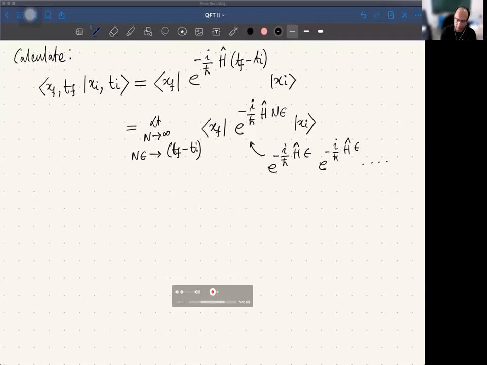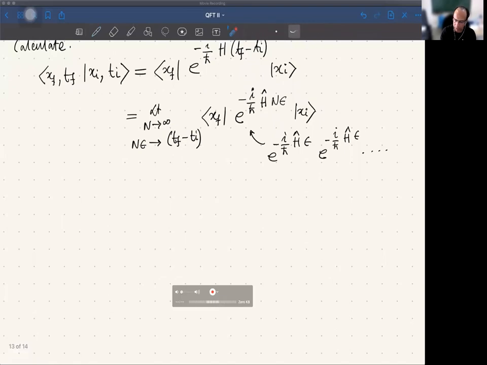Then you can insert between these factors the identity operator, the completeness relation.